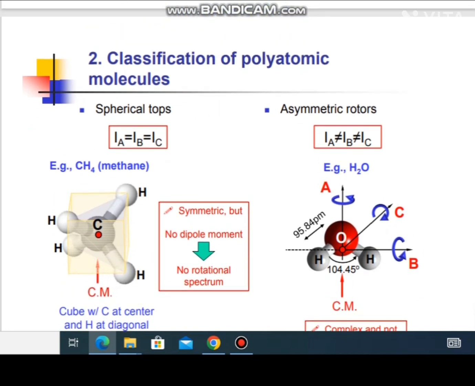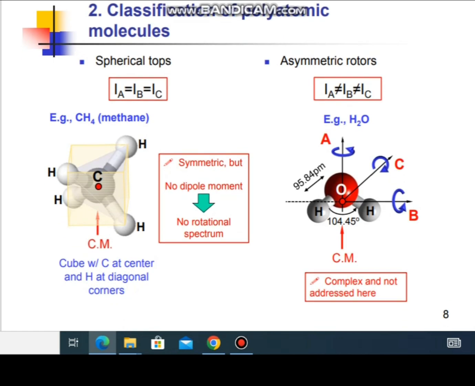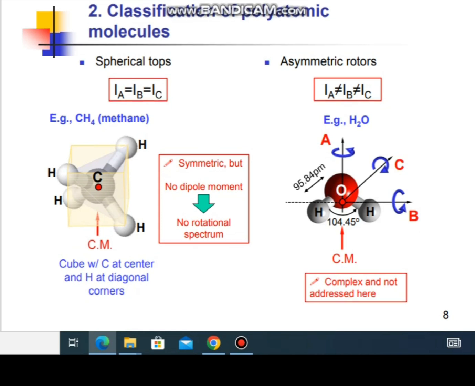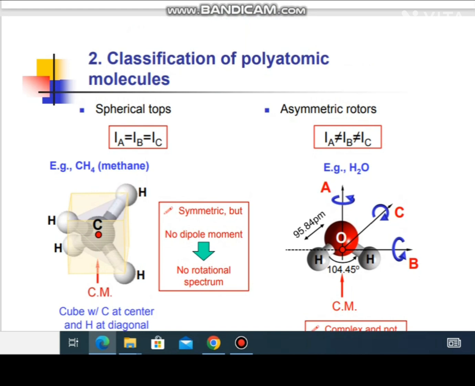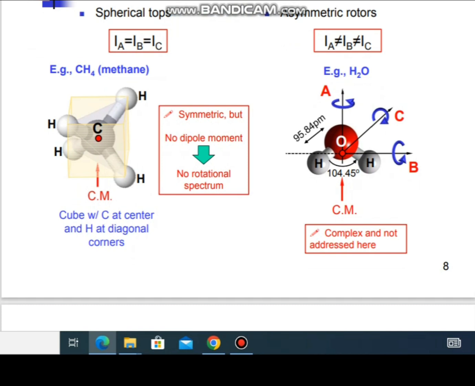Next, let us see the spherical tops and then the asymmetric rotors. For a spherical top, we can give methane as the example. It's a highly symmetrical molecule, so there is no dipole moment. It is not giving any rotational spectra.